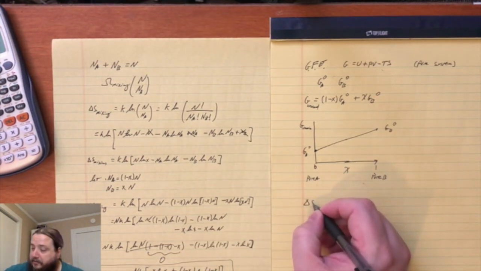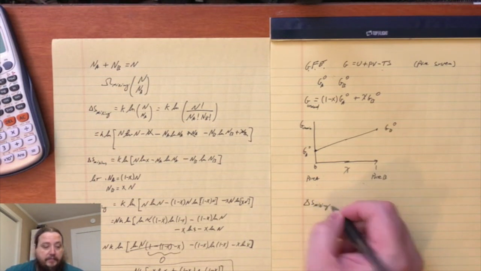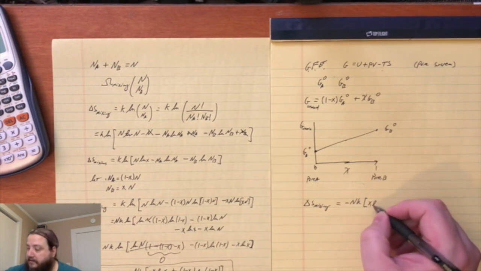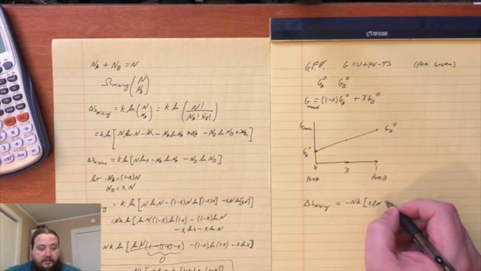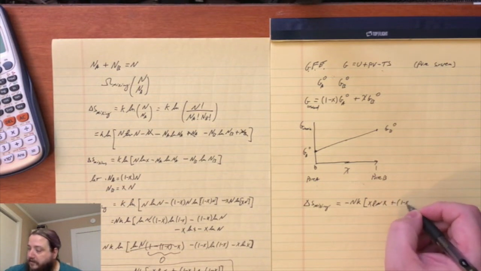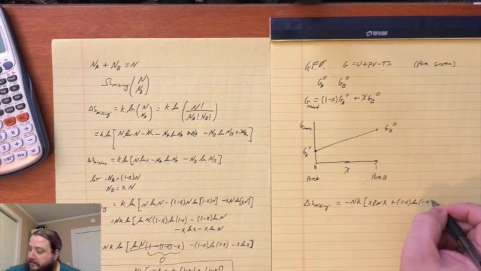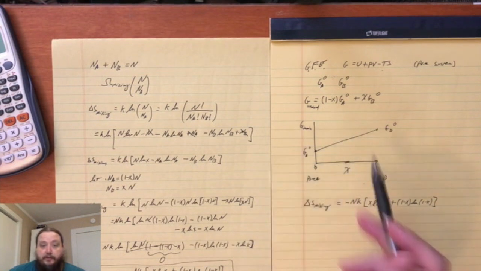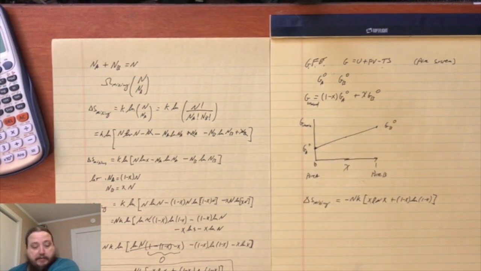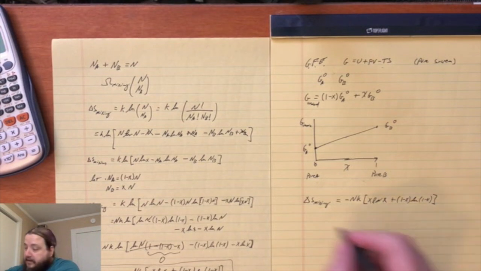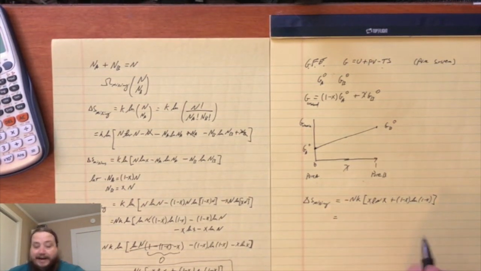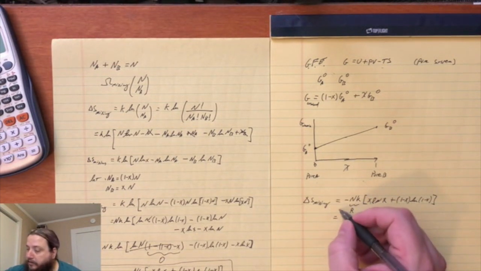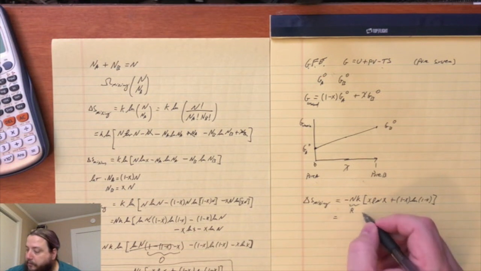So the change in entropy of mixing is, again, minus nk times x log of x plus 1 minus x log of 1 minus x. And if we have, say, 1 mole of total substance here, so we're going to have a mole total of A plus B, then the total number n will be for 1 mole, and so we can replace nk here with the gas constant R for 1 mole.